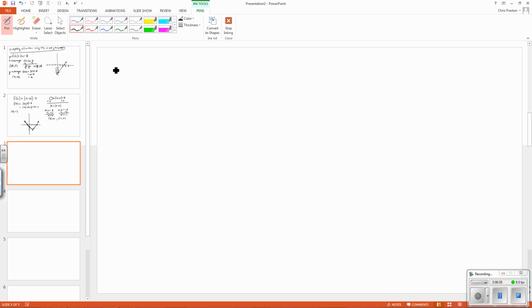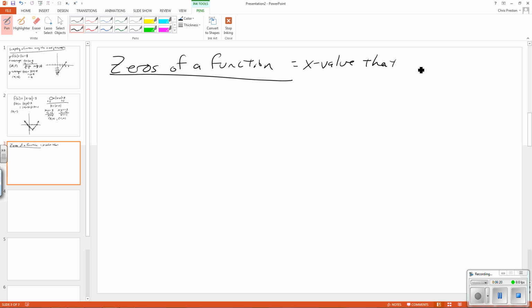All right, and then the other part of this section, we talk about the zeros of a function. Well, a zero is an x value that gives an answer, or y value, of 0.